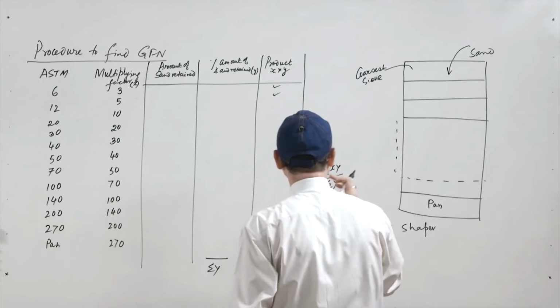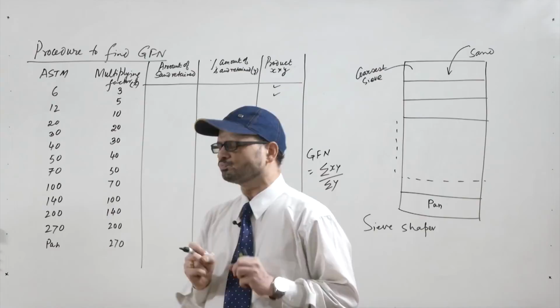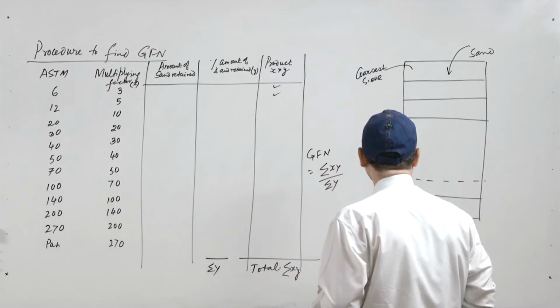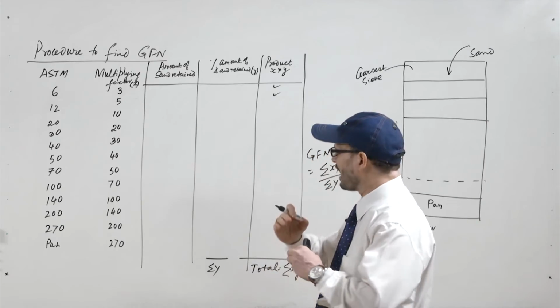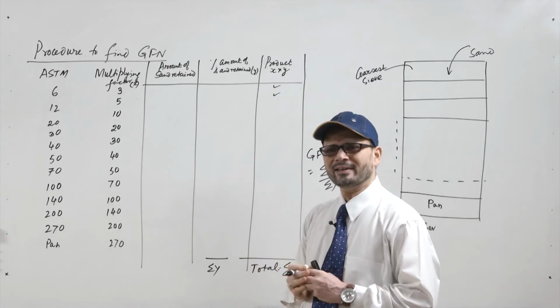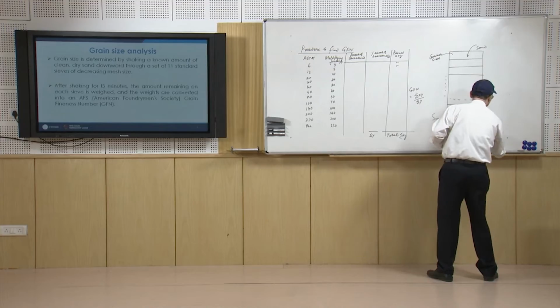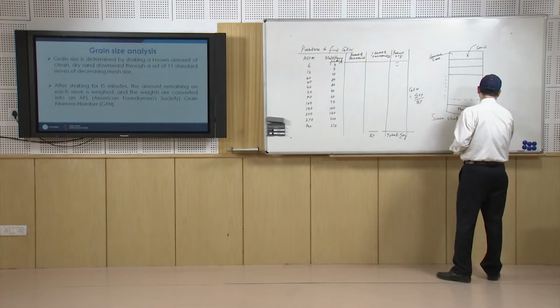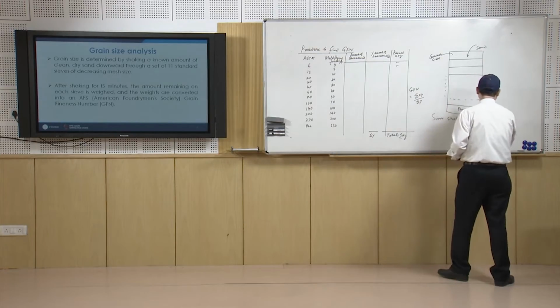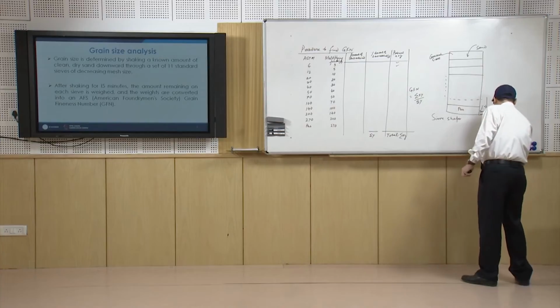Now, there are certain points which should be known to you. You can draw a graph and see how this distribution looks. So, you may draw a curve showing percentage of sand retained, and this will be sieve number.